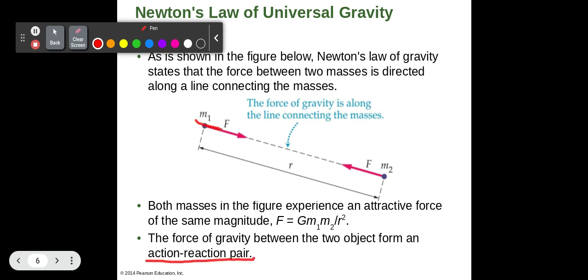M1 is attracted to M2, so the force of gravity for M1 acts in one direction, and the force of gravity for M2 acts in the opposite direction, along that distance r separating the two objects.